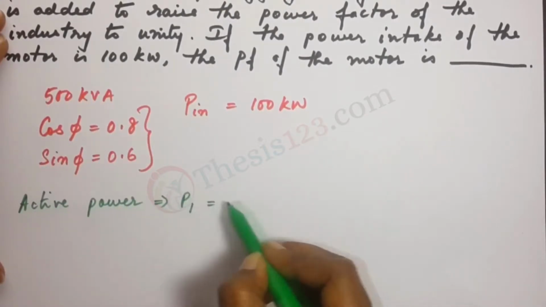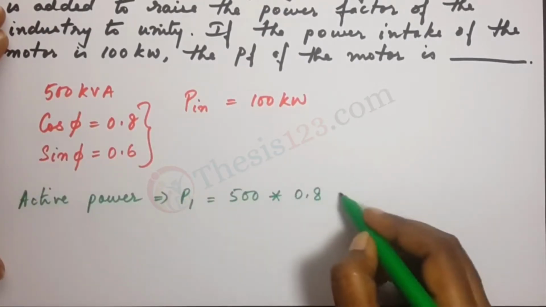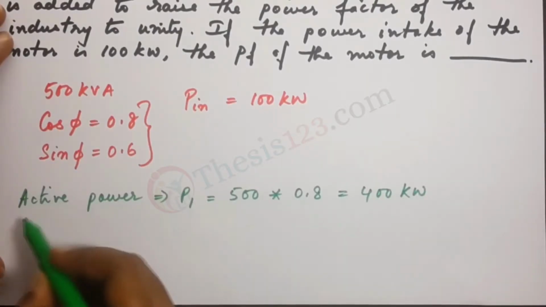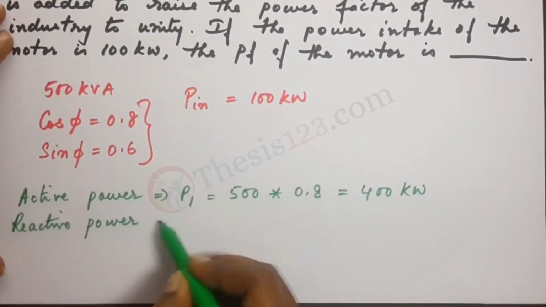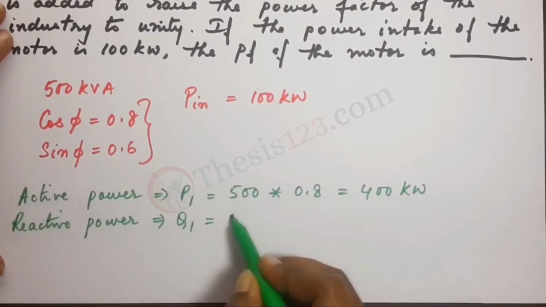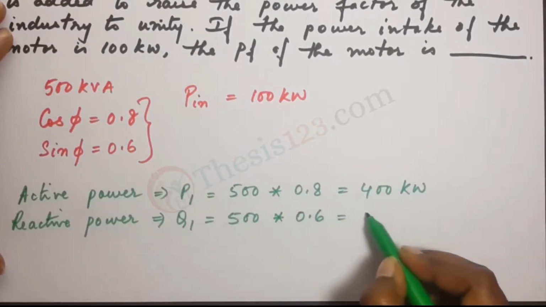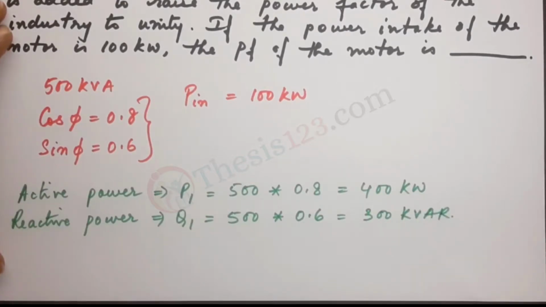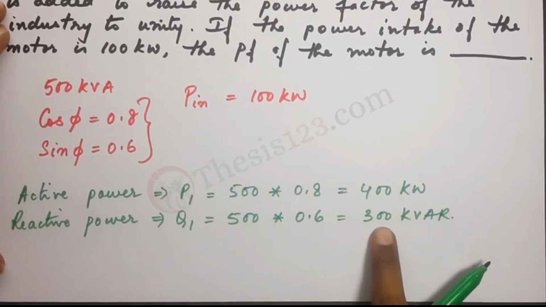We'll call that P1, which would be 500 times cos phi, which is 0.8, and comes to 400 kilowatts. Next, we need the reactive power. The reactive power is Q1, and that's 500 into sin phi, 0.6, and this comes around to 300 kVAR.